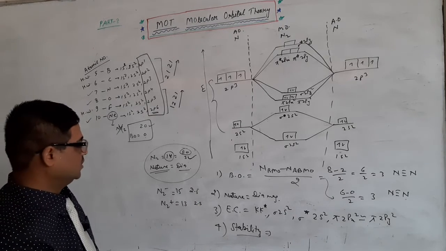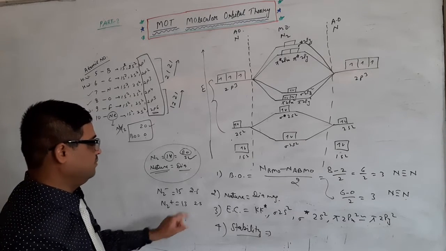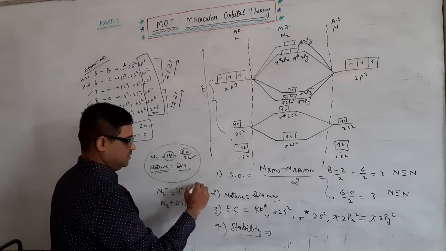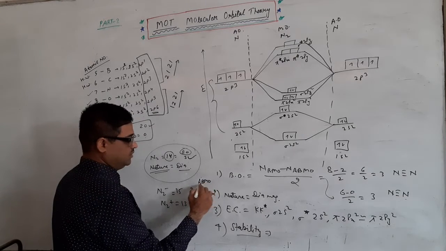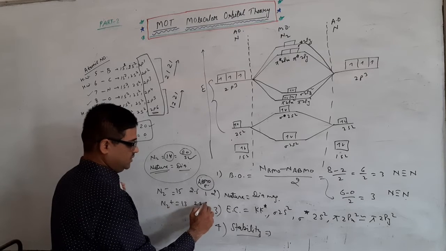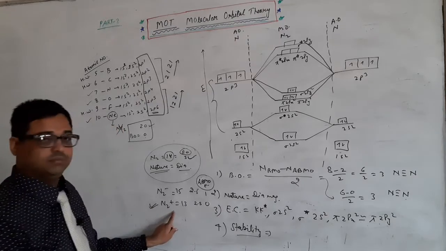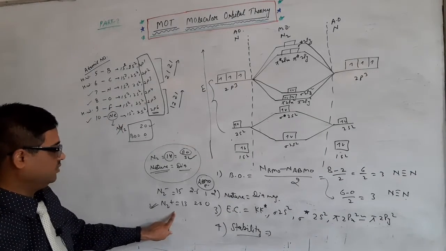So in N2 plus you see the number of electrons in ABMO are less. N2 minus has 1 electron in ABMO, N2 plus has 0 electrons. So which one will be more stable? I think N2 plus, because it is having no electron in ABMO.